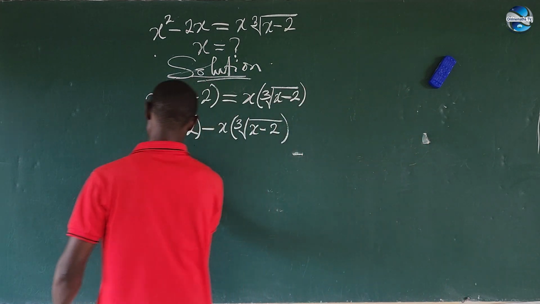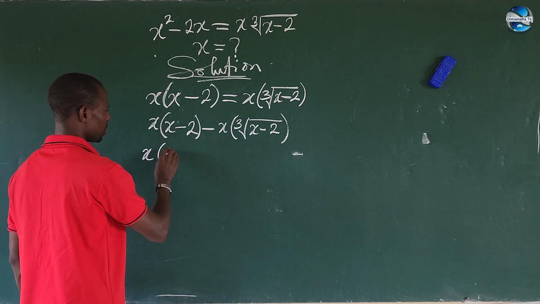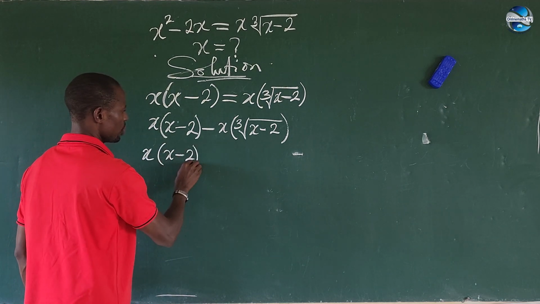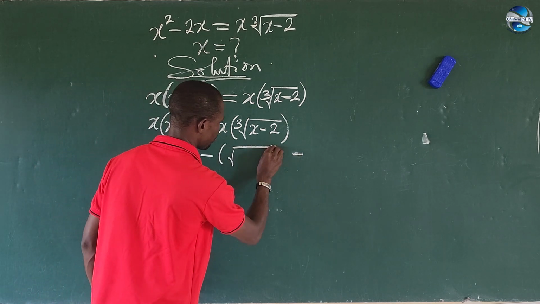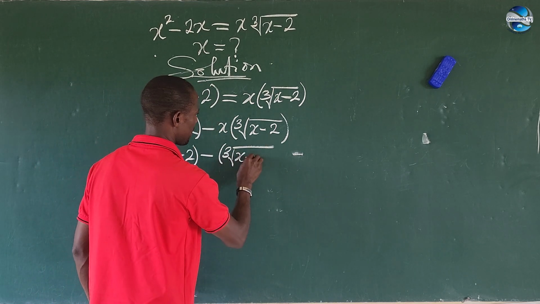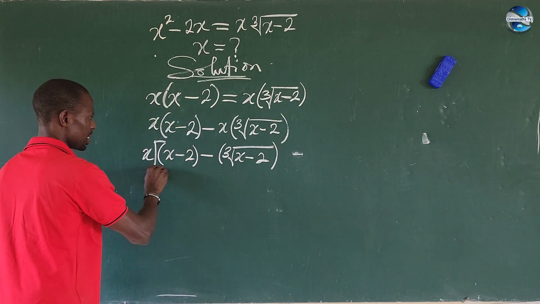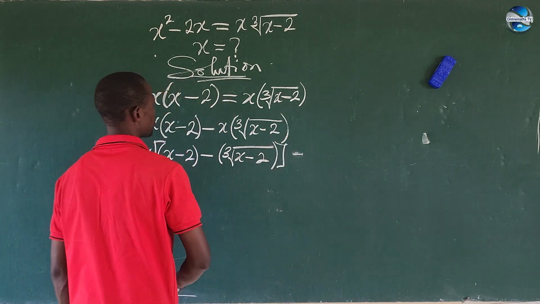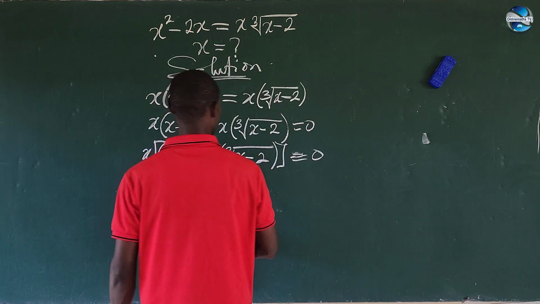So if we factor x out, we're going to have x into, here we are left with x minus 2 close bracket minus bracket the cube root of x minus 2 close bracket. But let's put this in the square bracket. Everything here equal to 0.